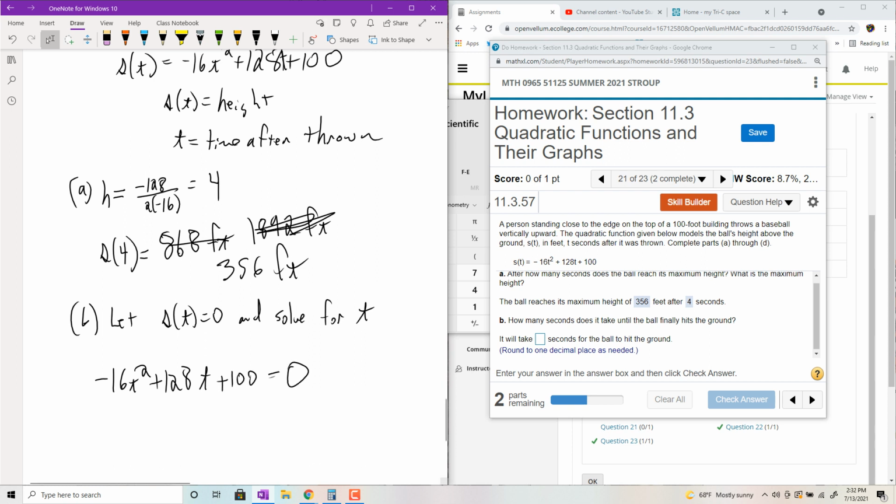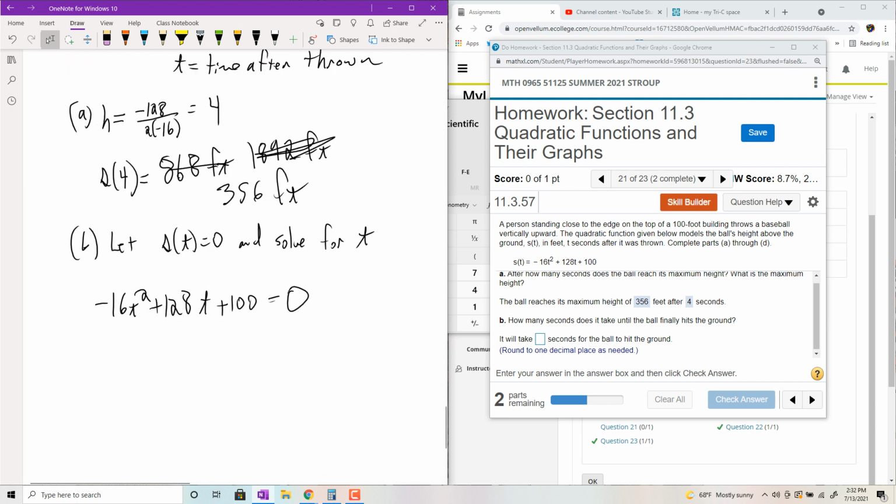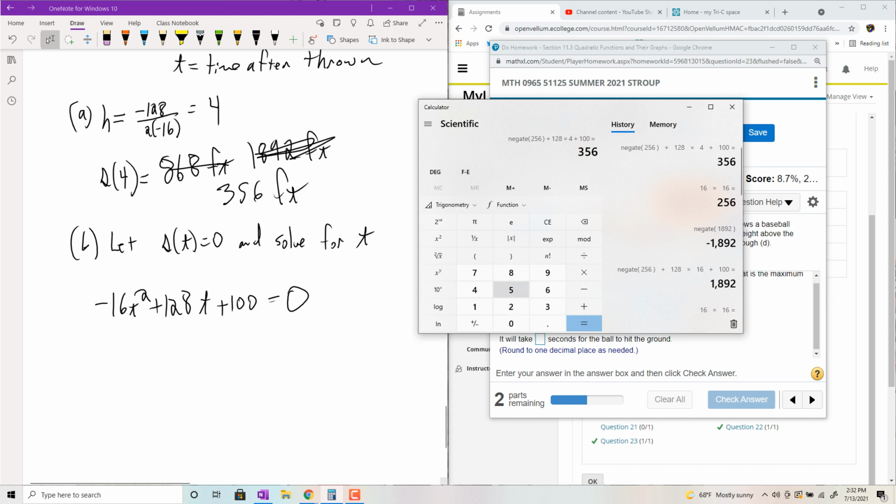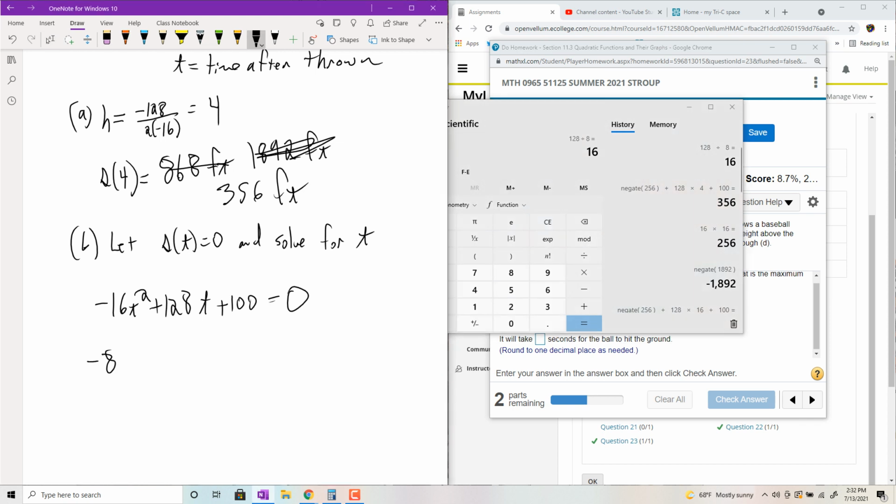And here you could use a quadratic. You could try to factor it. Probably everything is divisible by 4. I just hate getting this stupid calculator out. It's probably divisible by 8. All right, so I'm going to pull out a negative 8. And I get 2t squared minus 16t plus, I don't know.